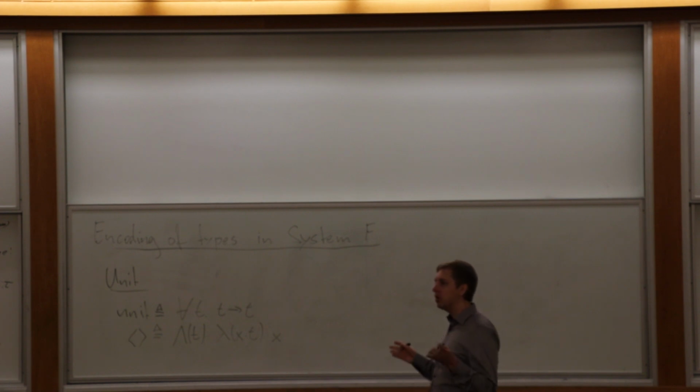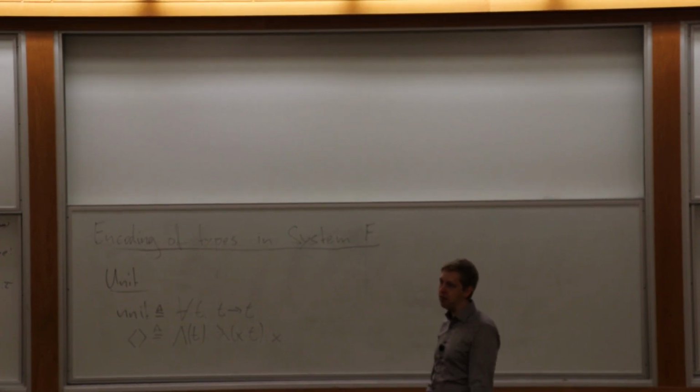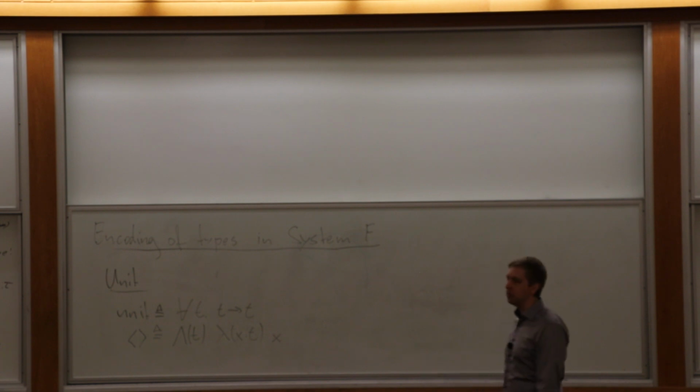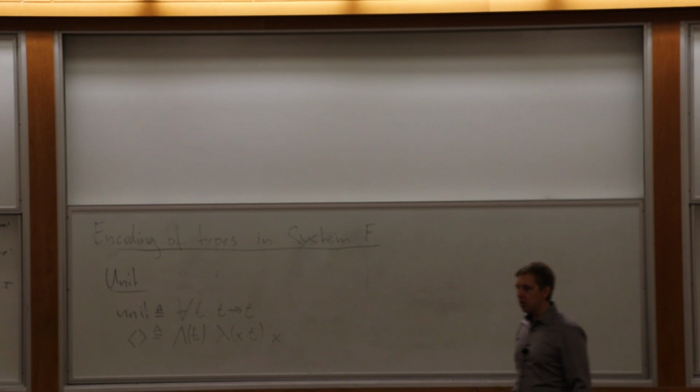But up to isomorphisms, this is the only value of that type. So this is unit, and you can't do so much with it. You can put something in, you get it out again. It's not computationally very interesting.